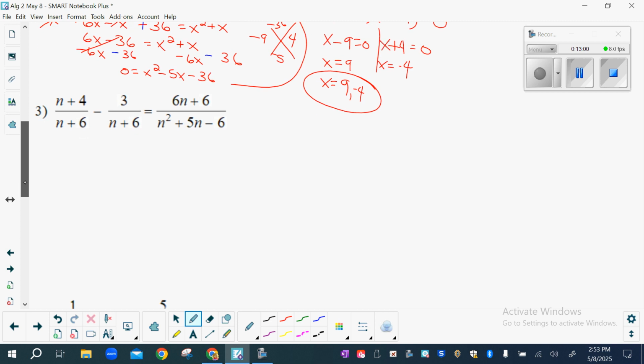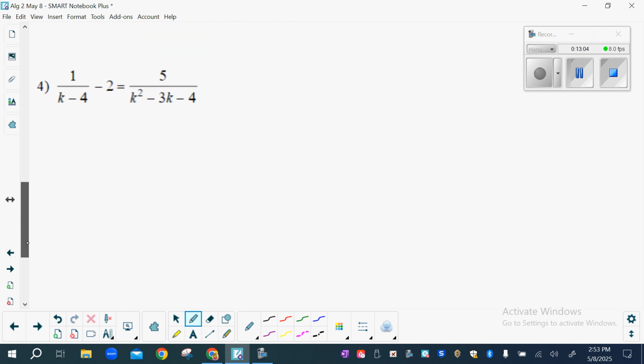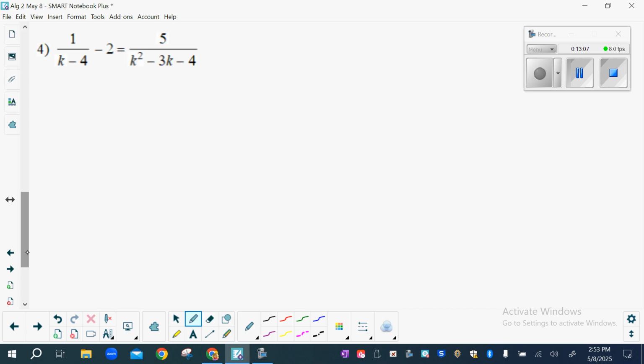Okay, we're going to skip 3 and we're going to go on to 4. Well, that's the good news. It's not quite as long. So this group back here, what do we do to find our common denominator? Any of those denominator factors?